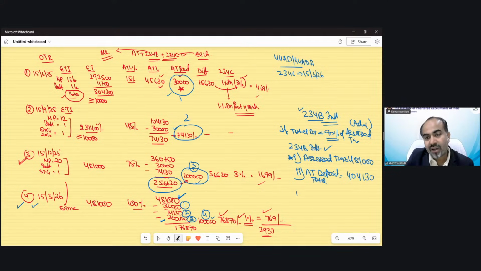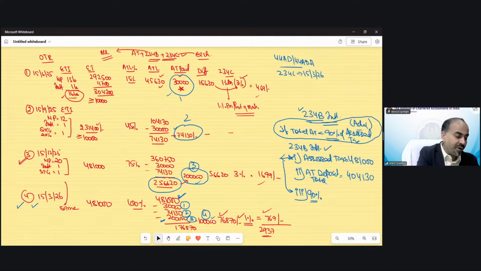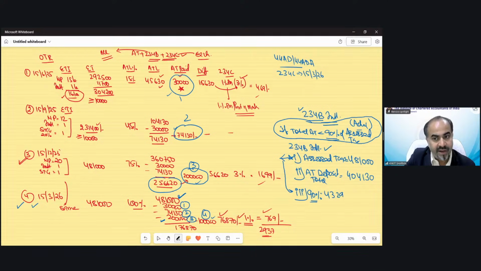Now we need to check the condition whether 234B is applicable or not. If advance tax is less than 90% of my assessed tax, so this is my assessed tax. At least 90% of this should have been deposited as advance tax. So 90% of 4,81,000 would have been 4,32,900.